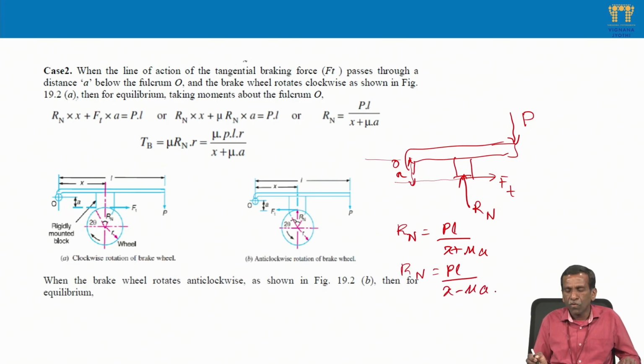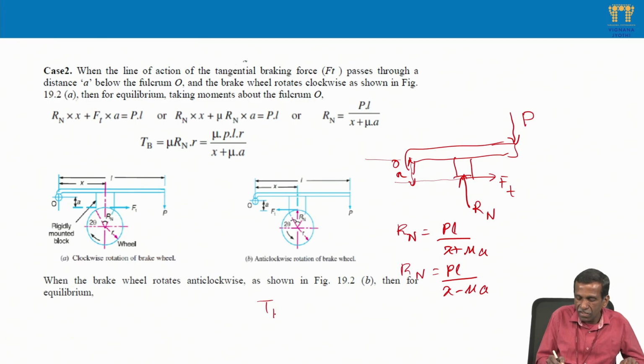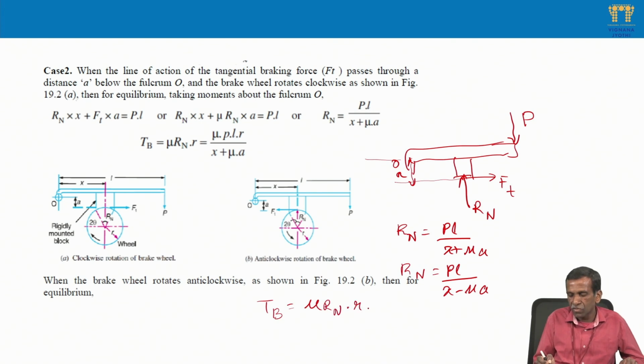So what is the difference? The braking torque required is mu Rn, that is tangential force into R, as you know. In which case is it more?